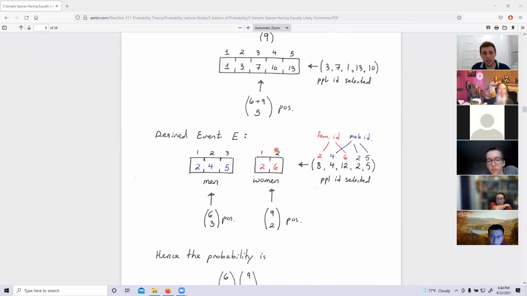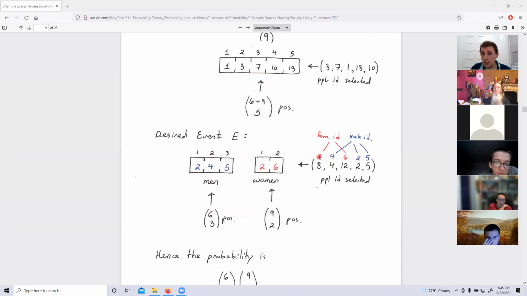Then for the success event, I need 3 men and 2 women. So here is the formula for the document. I put them in order. So let's say this is the actual event that happened, and I see that the men are person number 4, person number 2, and person number 5, and they have those blue numbers as their IDs, and I put the numbers in order.